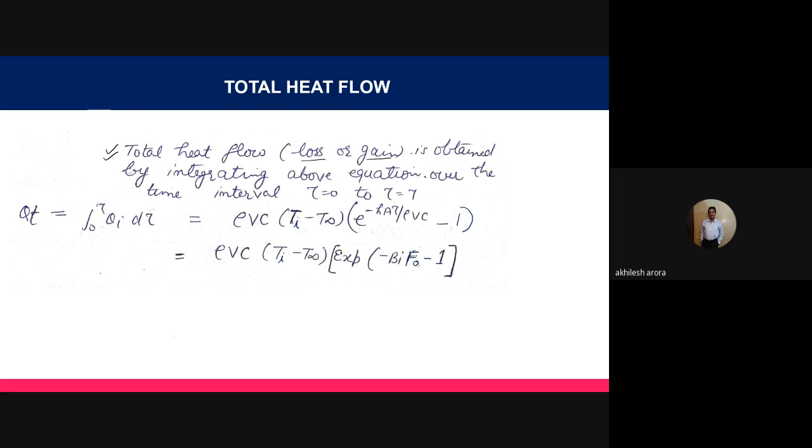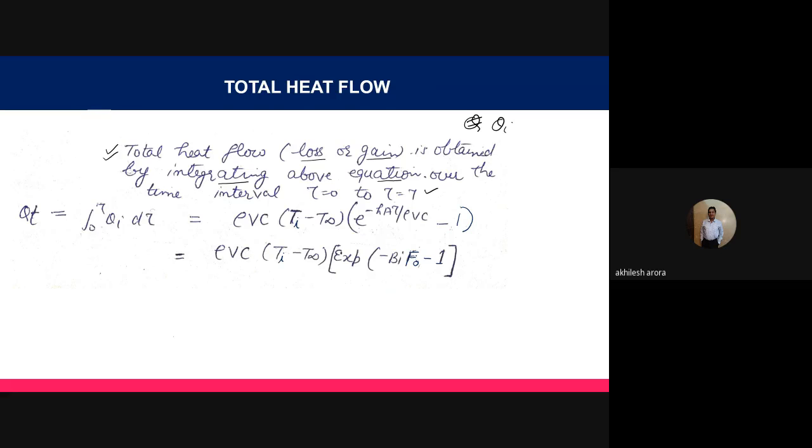That can be obtained by integrating the equation we have just derived for Qi. This equation gave us the instantaneous heat flow; if we integrate it from time equal to 0 to time equal to tau, then we can calculate the total heat loss or total heat gain.